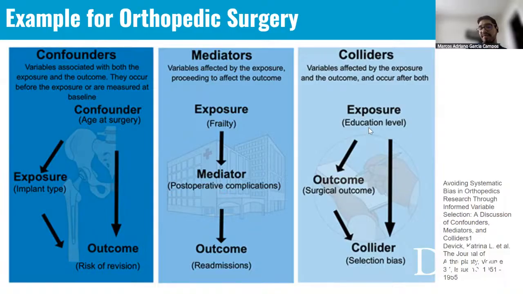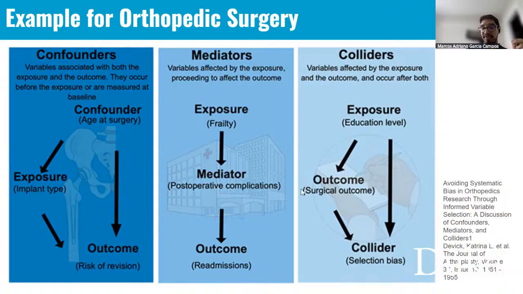So I have a clear path between education level and the surgical outcome, surgical mortality. But it can also cause selection bias because if I have a high education patient, probably they will adhere more to the hospital services, and I will select more for the studies. And this is a cause of the collider.